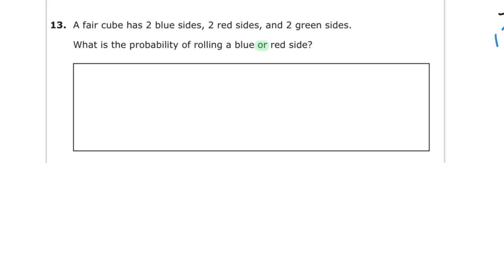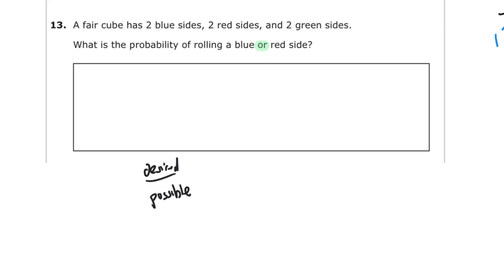Now, probability, generally speaking, is always the desired outcomes over possible outcomes. I've always found it easier to immediately know the number of possible outcomes. In this case, hopefully we all agree that a cube has 6 sides.